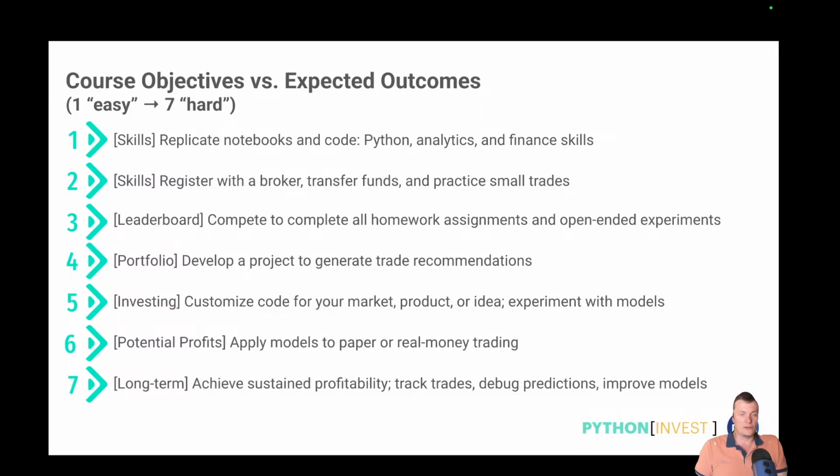Then level number 3 is a leaderboard. I know that some of you are quite competitive, and we have a leaderboard which is updated every week on the DataTalks course management platform, and it is transparent. So you have this link to the leaderboard in the home assignment. You can check it every day. Some of you want to compete and to complete all homework assignments and all open-ended questions.